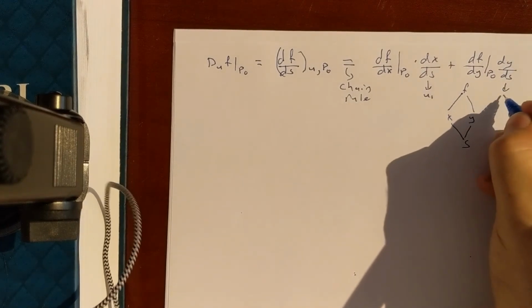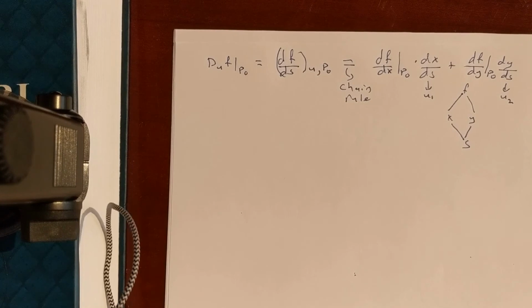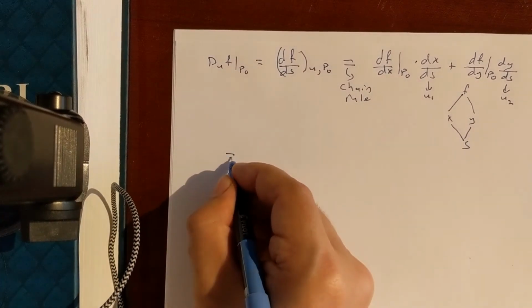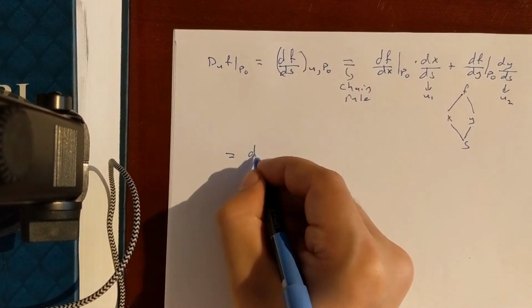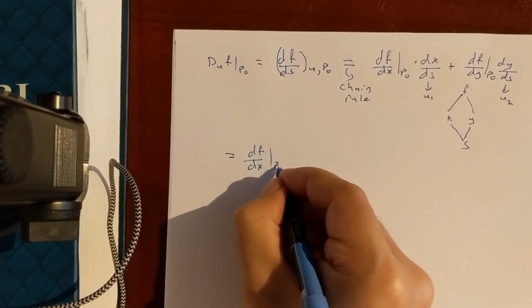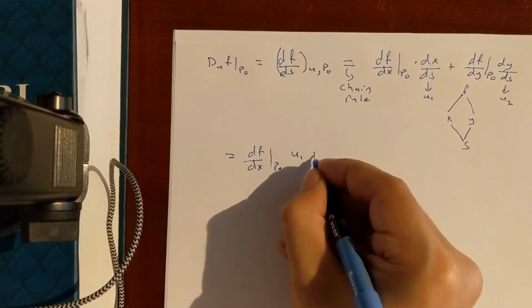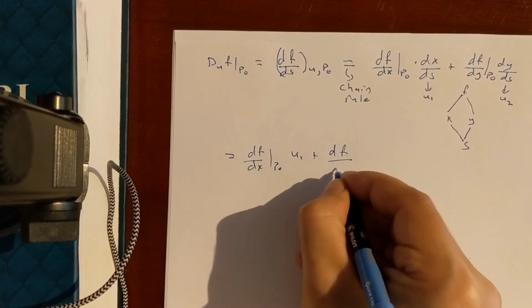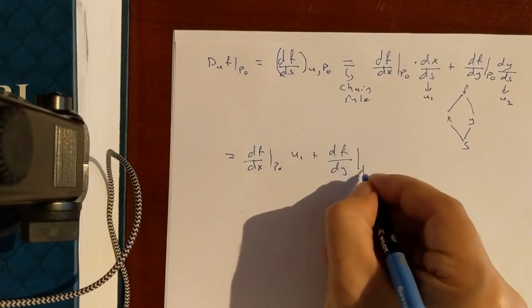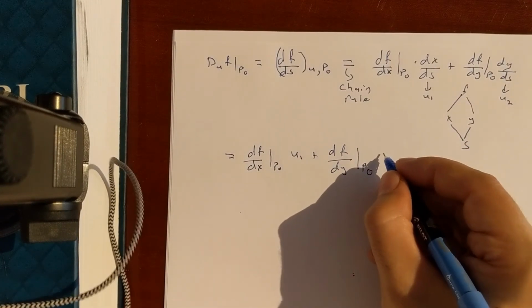Similarly, this is just the y component of the unit vector, so that's just u2. So this simplifies down to df dx evaluated at p naught times just u1 plus df dy evaluated at p naught times just u2.